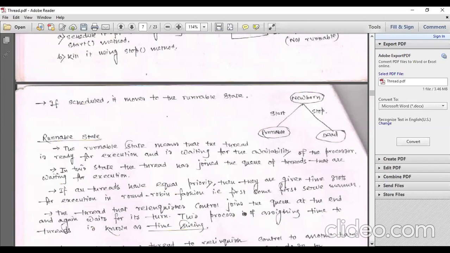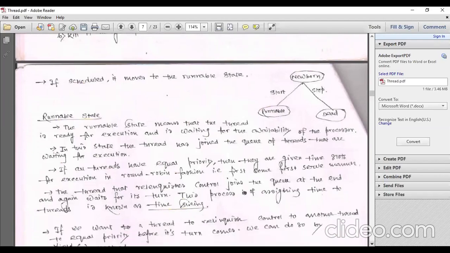I already discussed that in the last class. After completion of its time slice, the thread has to leave the processor and again wait for the processor in a queue. And this process of assigning time to the thread is known as time slicing.